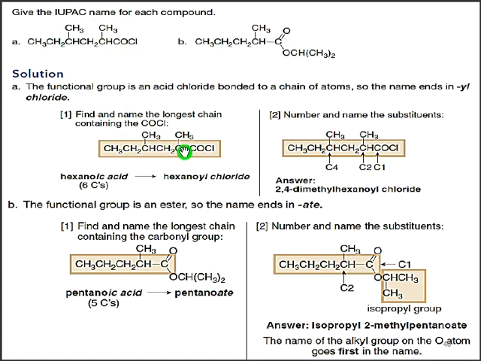Now, this: we have meth, prop, but, pent, hex. We have hexane, six carbon atoms, and this chloride is derived from hexanoic acid. If you put OH here, it will be hexanoic acid.